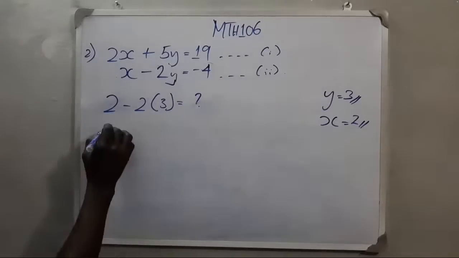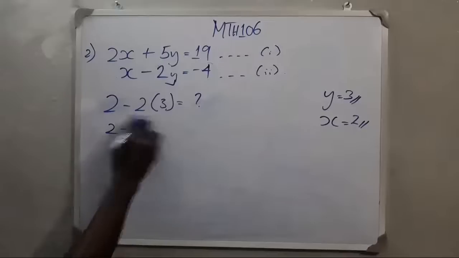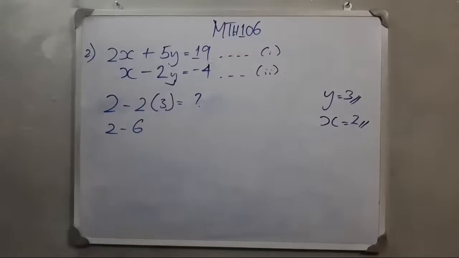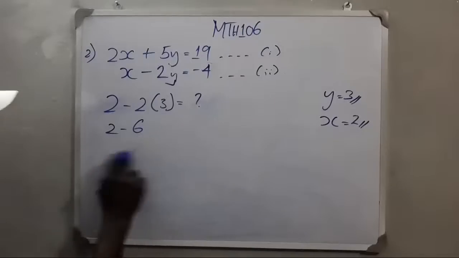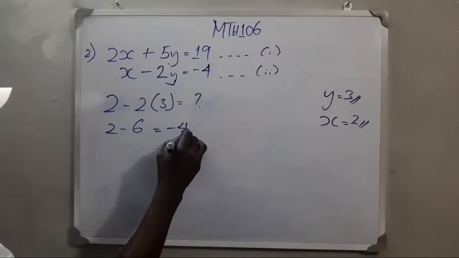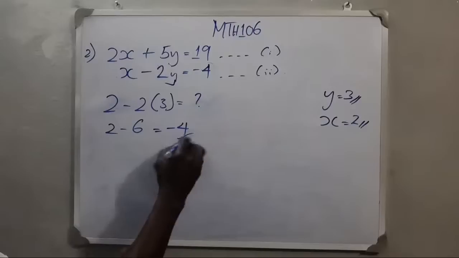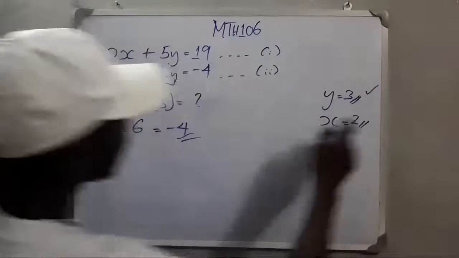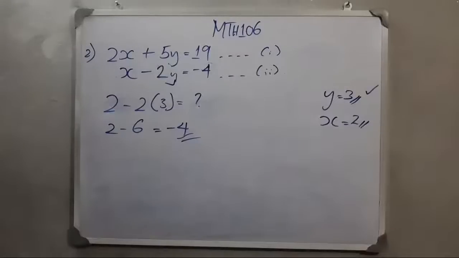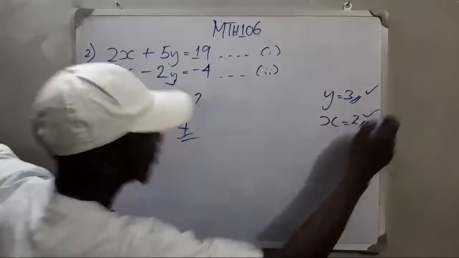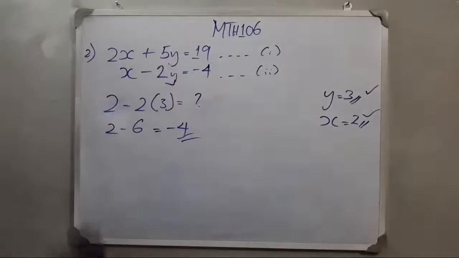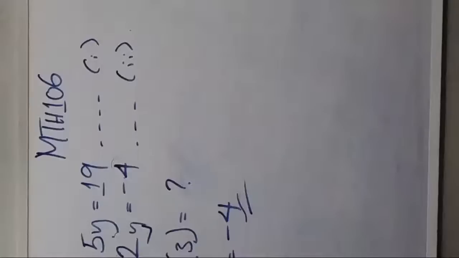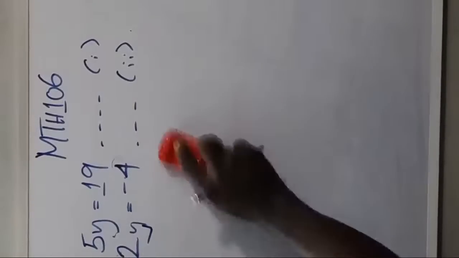So we have 2 minus 6. If you are owing 6 naira and you pay 2 naira, you're having minus 4. So this is correct, as our y is correct. Now let's try in equation 1.